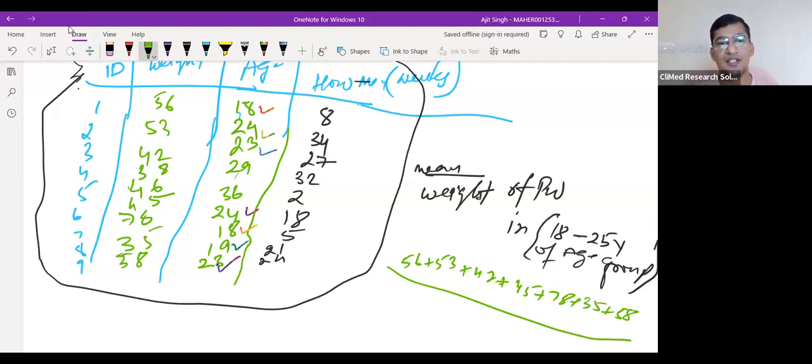Out of 9, there are 7. Then we can tell this is the mean weight.